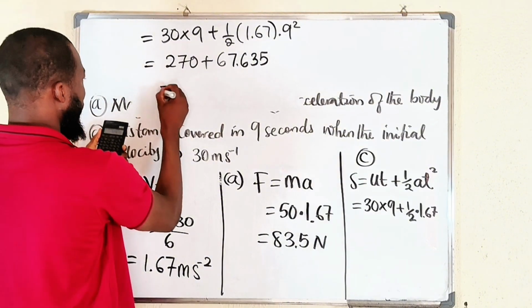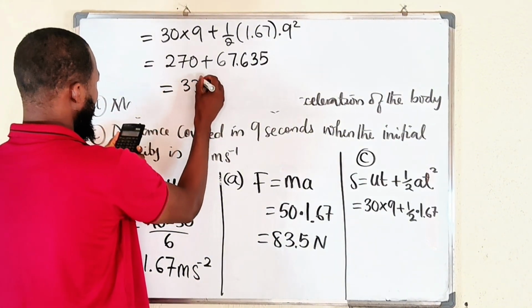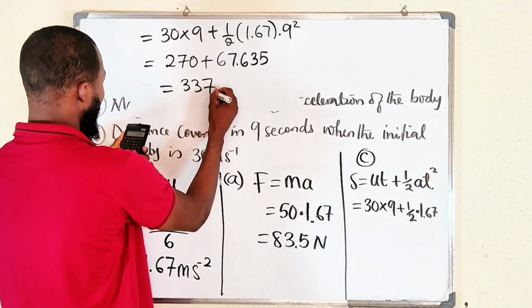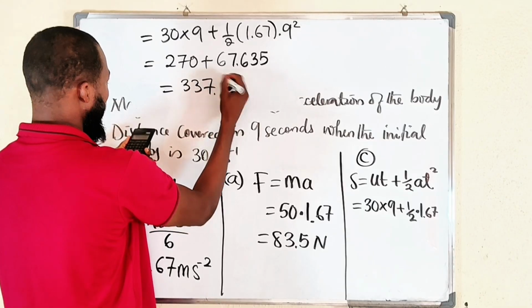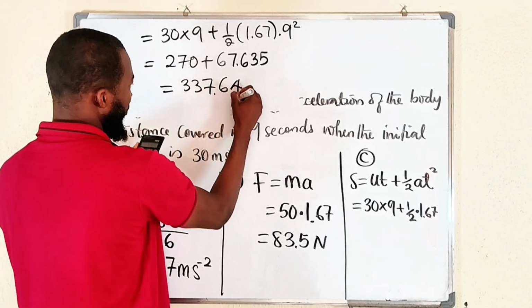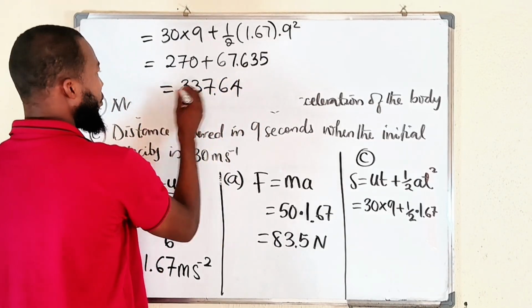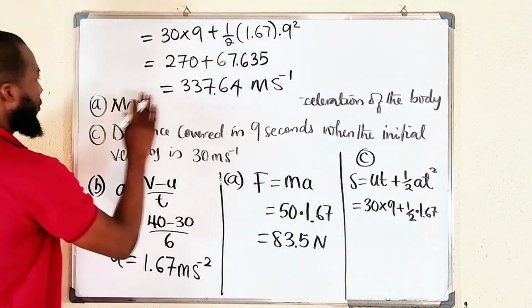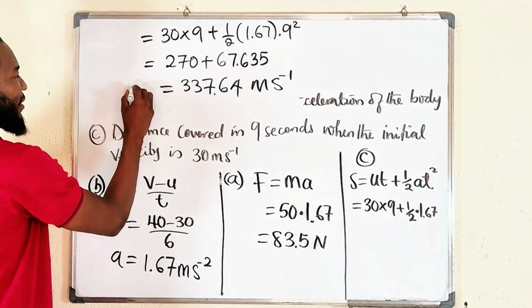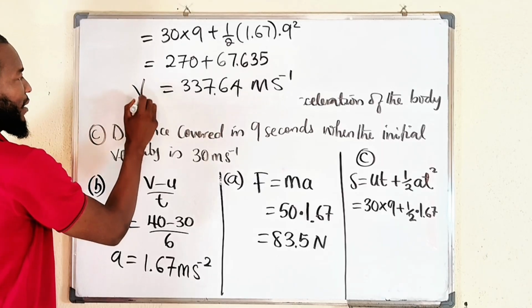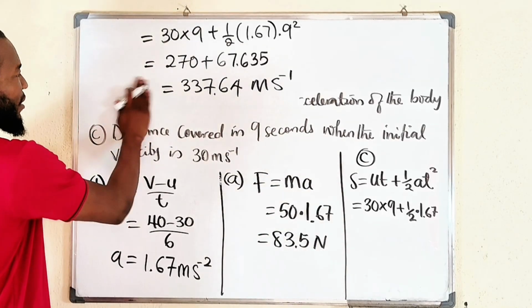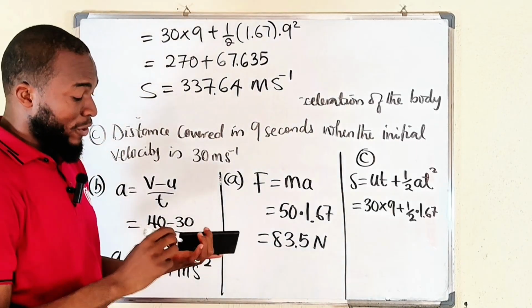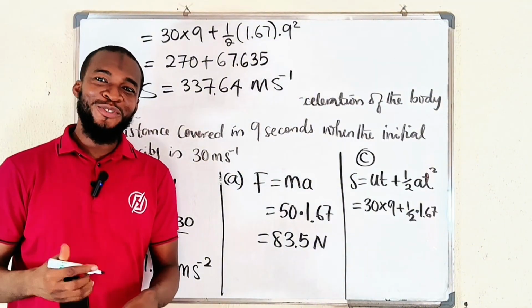We have 337.64, to 2 decimal places. And the unit is what? Meters. So this is the distance after 9 seconds. Yeah, S, sorry. We're done. Now let us move on to question number 9.